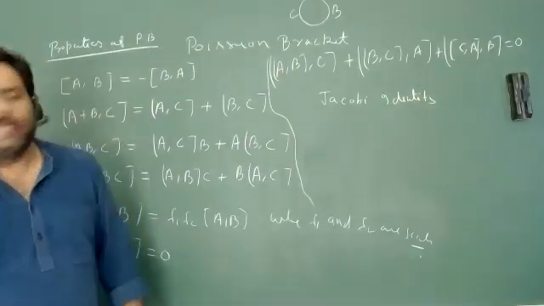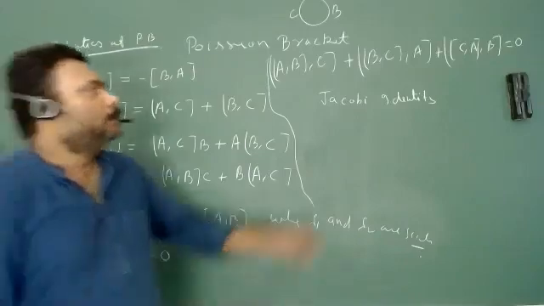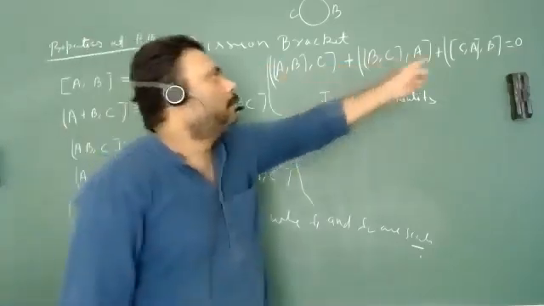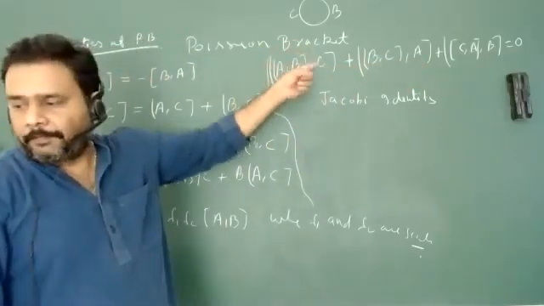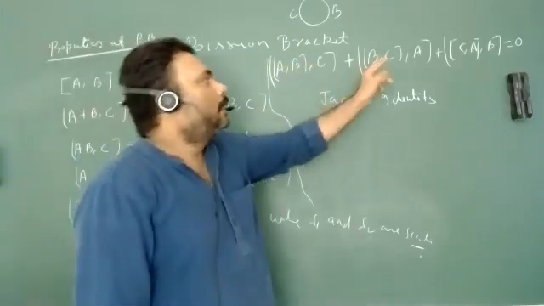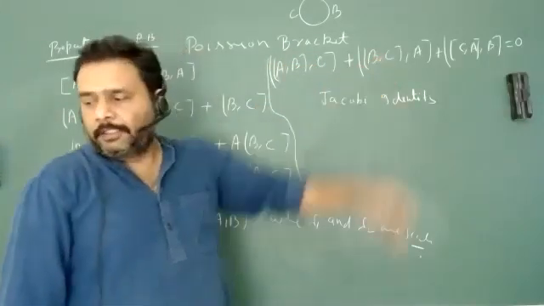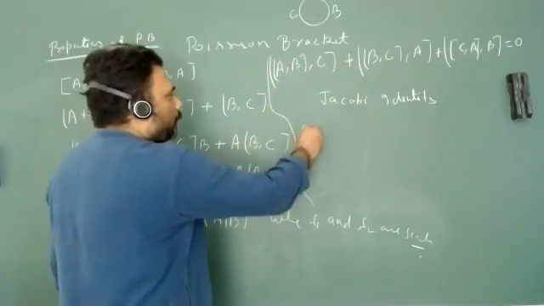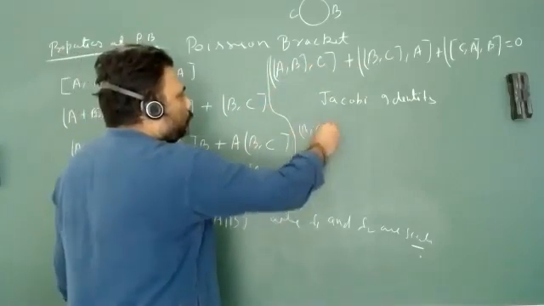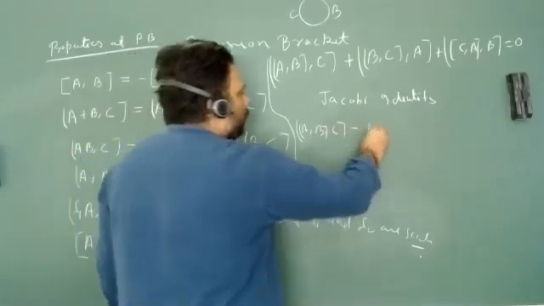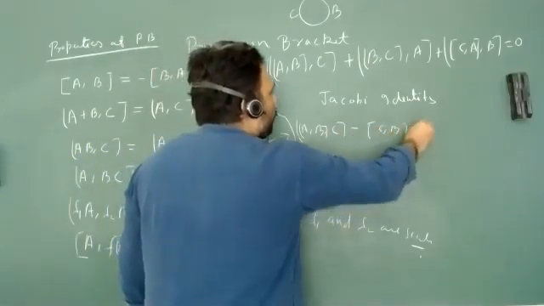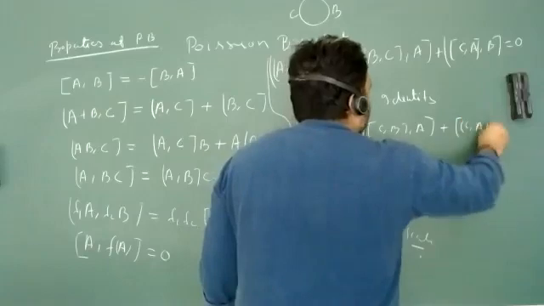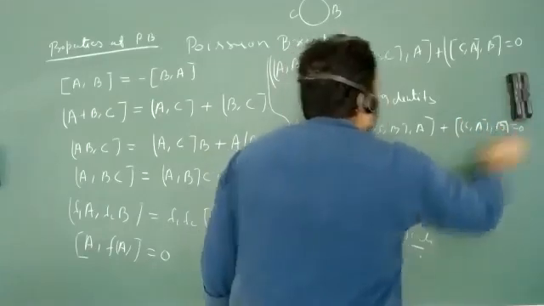Now in the examination, they will ask which one of the following is correct. What they will do is change C to B and B to A. Then you have to first write this thing yourself, understanding what your first term will be, and then you can do alternate plus and minus signs according to the situation. Suppose I write {A, {B, C}} minus {C, {B, A}} plus {C, {A, B}}, and that will be equal to 0.